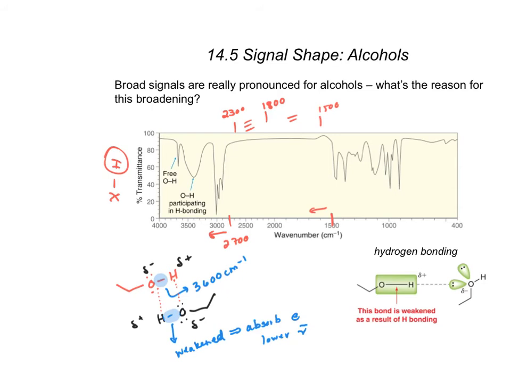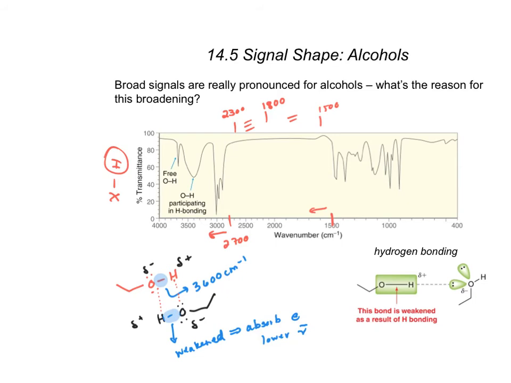So what's it going to do? If we have some that are participating in this, pulling that peak down, some that are-ish, and some that aren't, what's that going to do overall to the width of our signal? Essentially, we're going to get this distribution of all of these guys contributing, and so what's that going to do overall to our signal? Instead of it being nice and sharp right on, it's going to broaden it, okay?